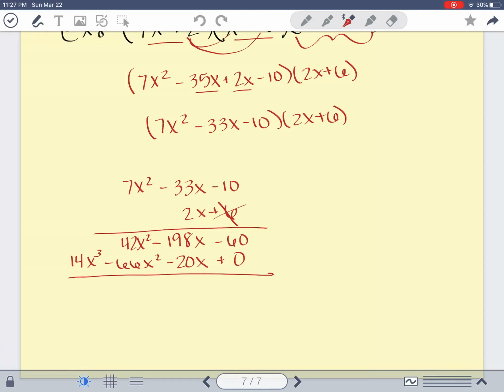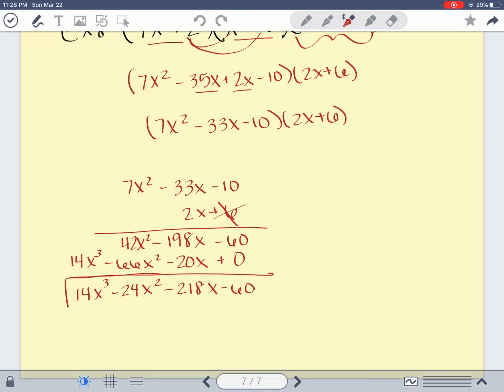And then I'm going to go through and combine all of my like terms. 42x squared minus 66x squared is going to give me a negative 24x squared. If I have negative 198 minus 20x, I'm going to get a negative 218x.